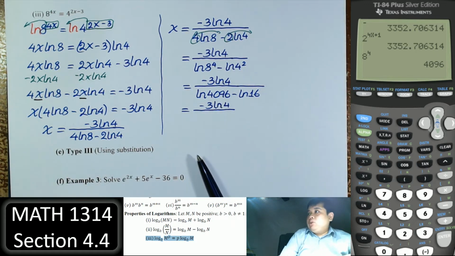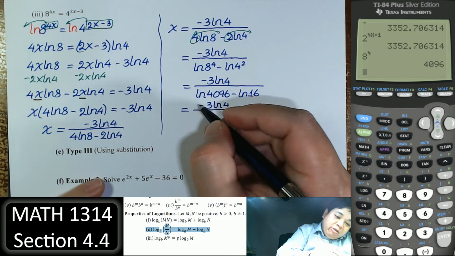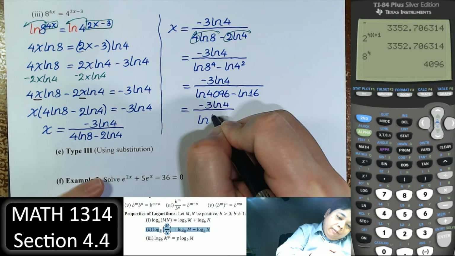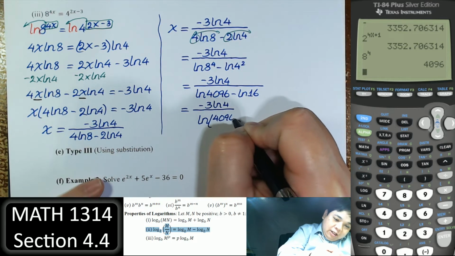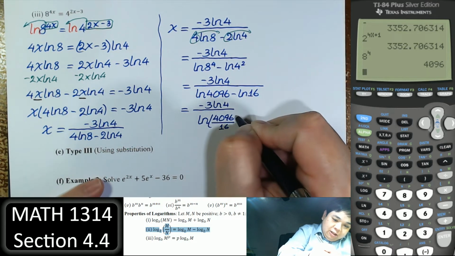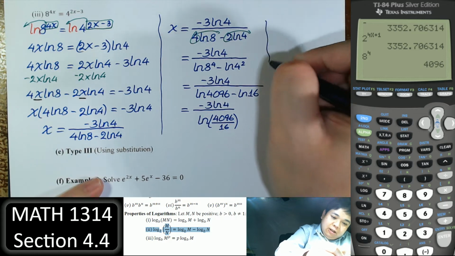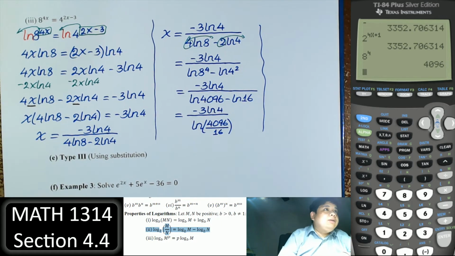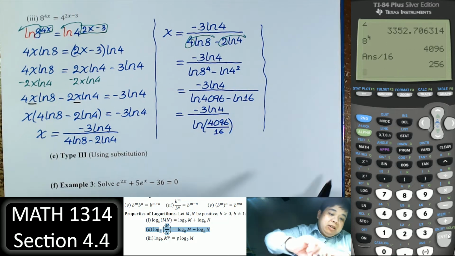So next we use the property right above it. We subtract the logs, so we will divide them. 4096 divided by 16 is 256.